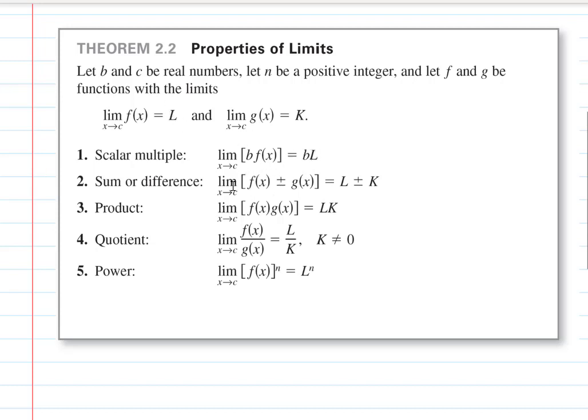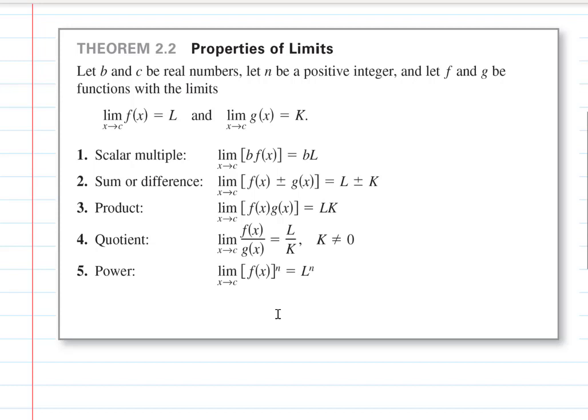If we take the limit of the sum of two functions, since we already know these two exist, then we can just add the two limits. Same thing for product, same thing for quotient, of course understood that K is not equal to 0 so it's not undefined, and also for a power.